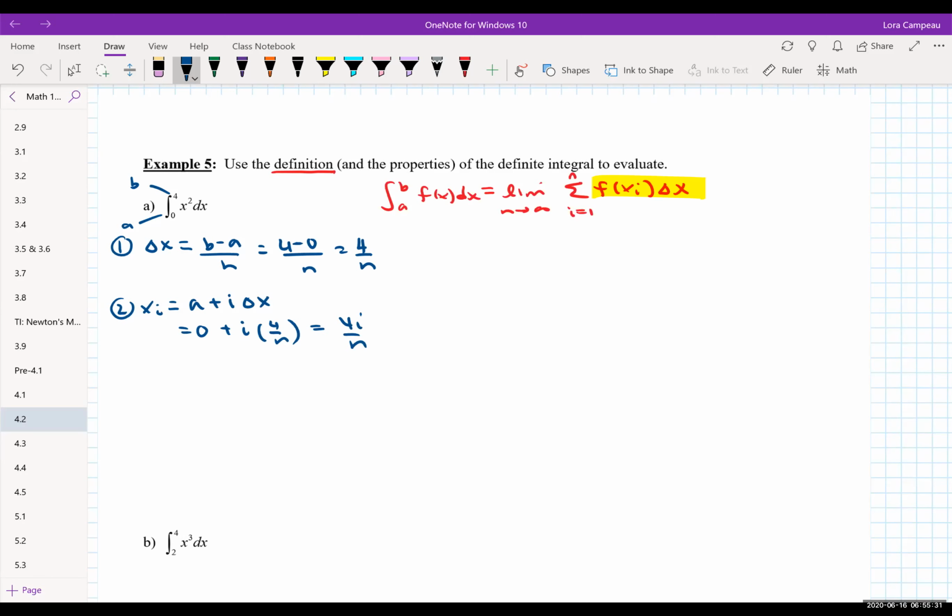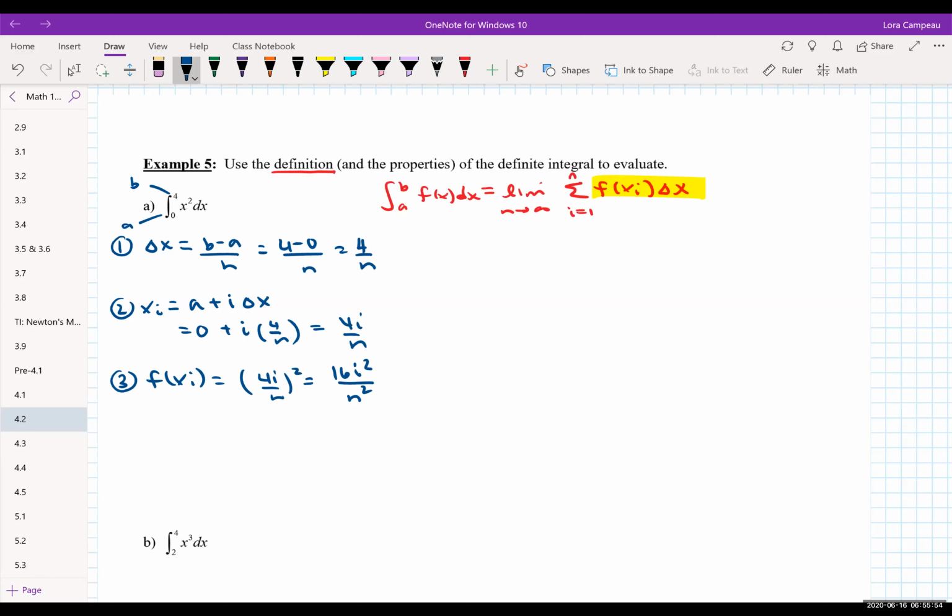Okay, coming back, I practiced these a little bit. Compute your f of x_i. Well, we just plug in. Our f of x was x squared, so it's 4i over n, squared. Simplify a little nicer: 16i squared over n squared.